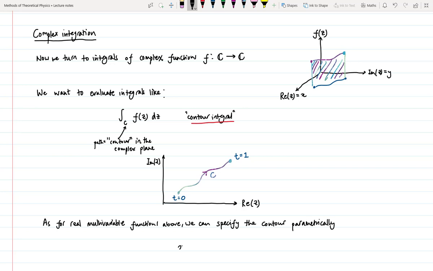That means now that x is a function of t, y is a function of t, and to define these, t lies between 0 and 1.